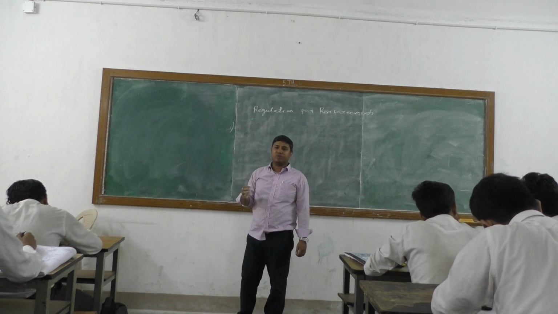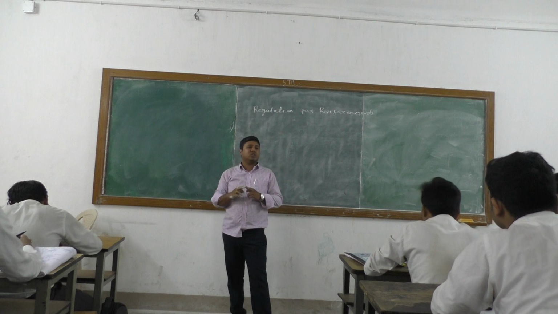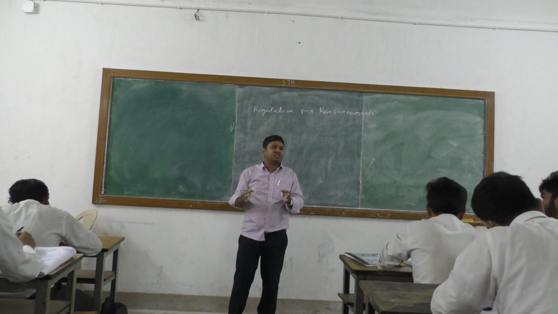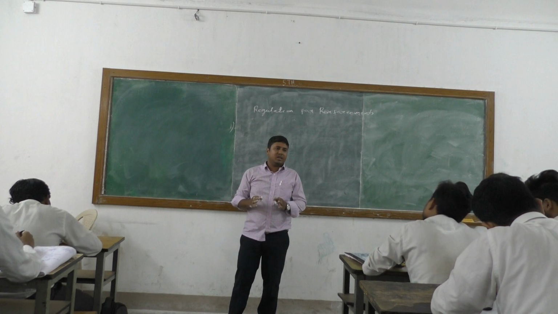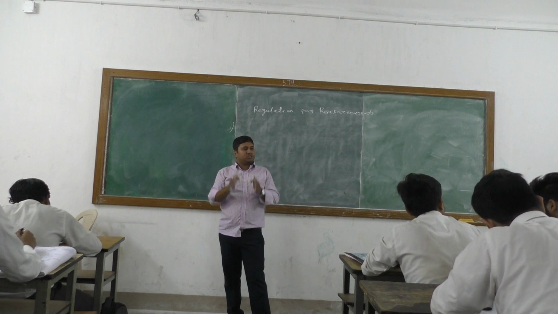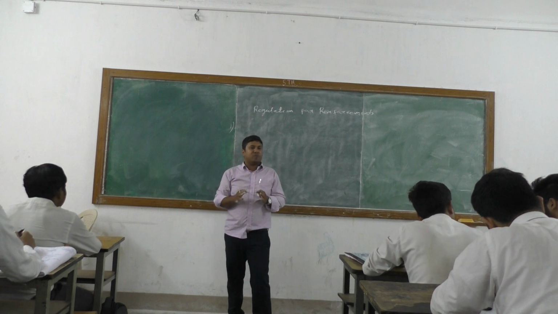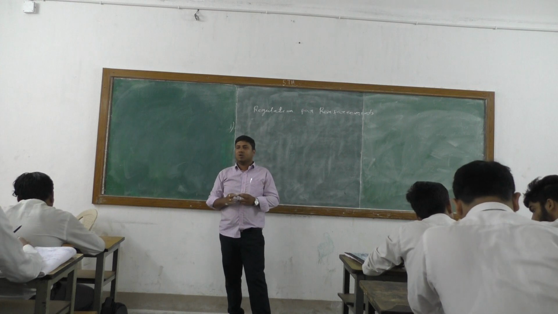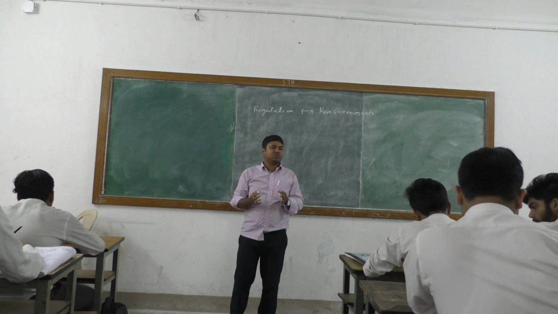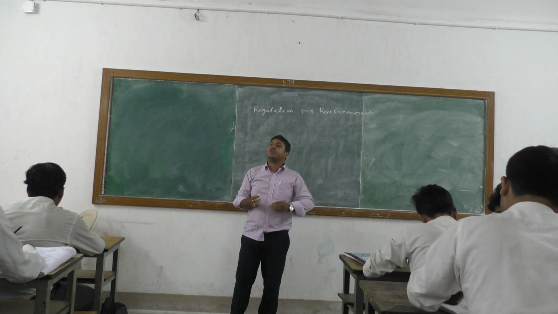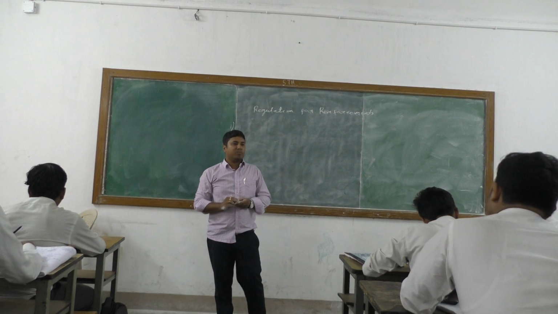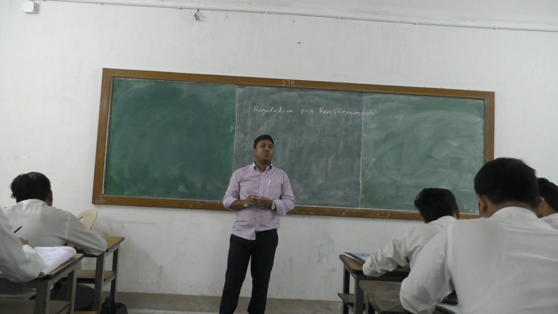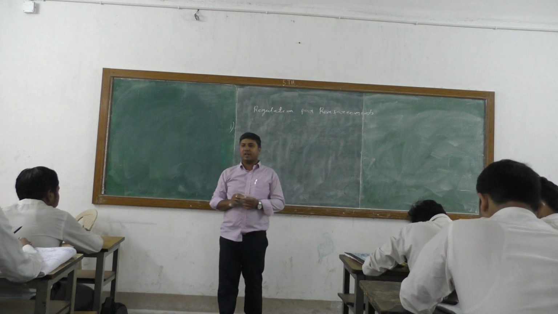The minimum reinforcement is required based on the overall dimension, so the gross dimension. If we are using mild steel, then the quantity of mild steel required is 0.15% of the overall cross-section area of the slab. And if you are using high strength deformed bar, HYSD bar, then this percentage becomes 0.12% of the gross cross-section area.